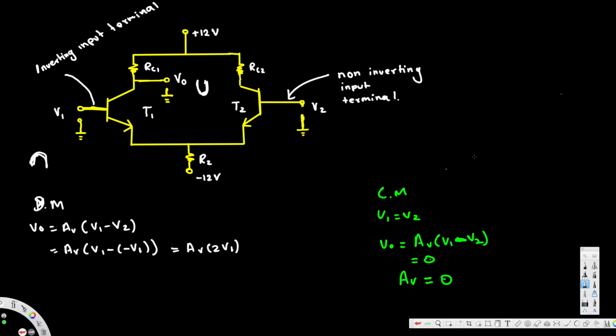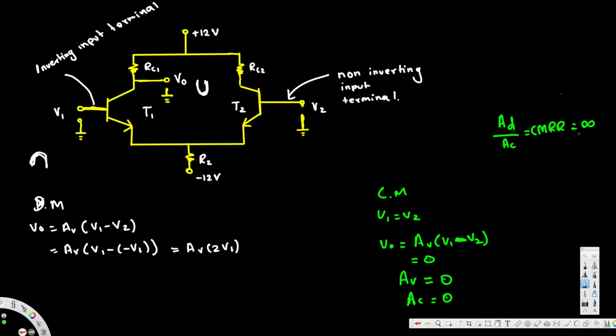Also, CMRR, the common mode rejection ratio, is basically AD over AC. Since the common mode gain, which we can also call AC, is 0, CMRR is AD over 0, so that's going to make it infinity.